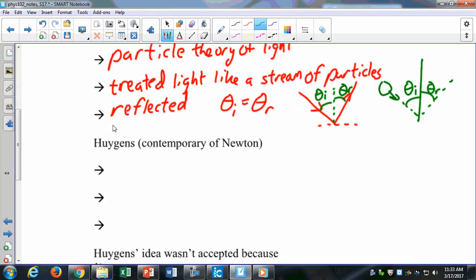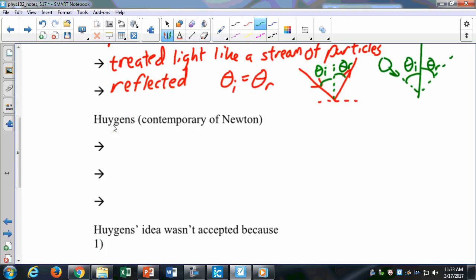Huygens, on the other hand, was a contemporary of Newton, and they all sort of hung out together, right? They were all part of the Royal Society. And Huygens thought that instead of light being a particle, light's a wave, and he treated light like a wave.